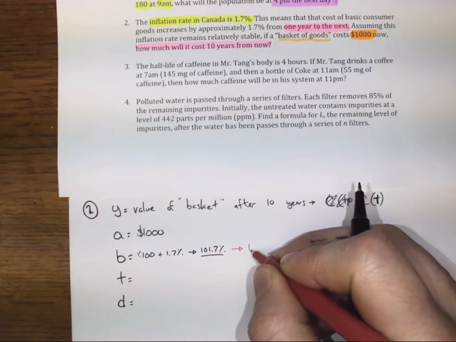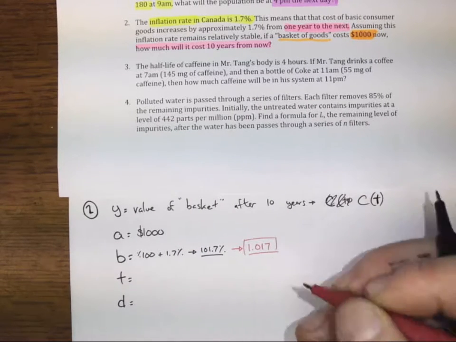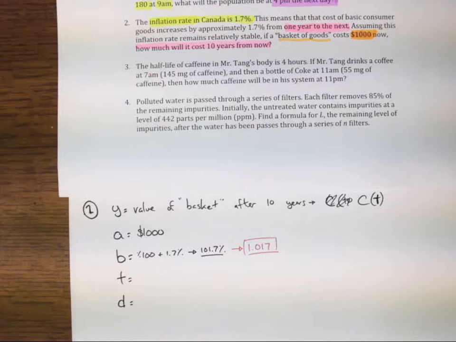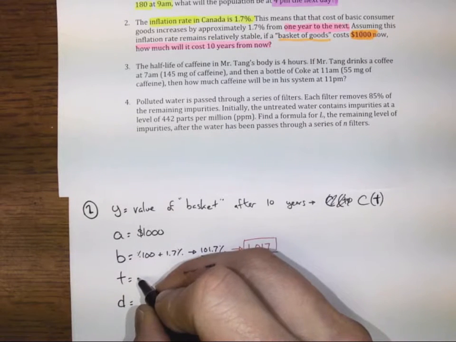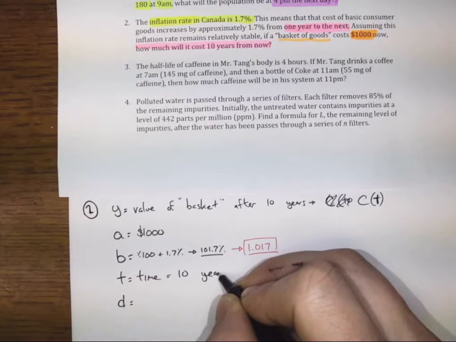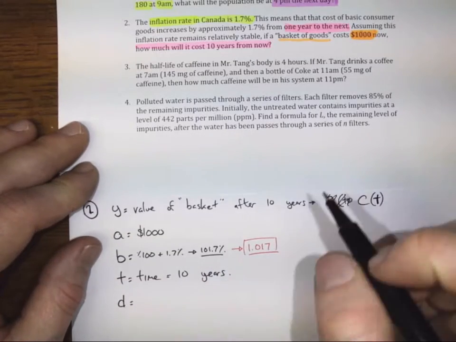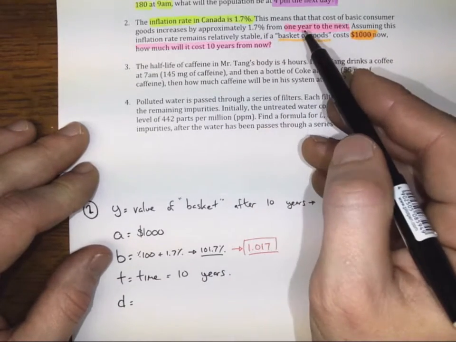Okay. Time, how long? Okay, so time, which in this case is 10 years. And our period, how long does it take for it to go up 1.7%? Well, it takes 1 year, from one year to the next. So 1 year. All right, so we'll write a formula.